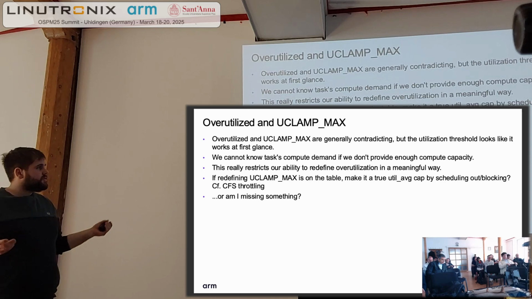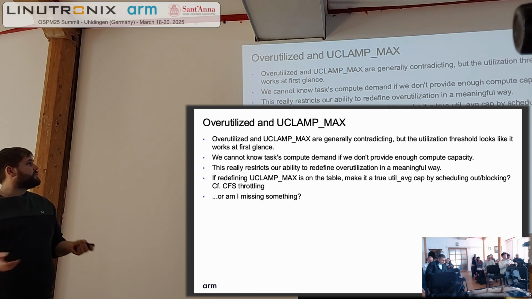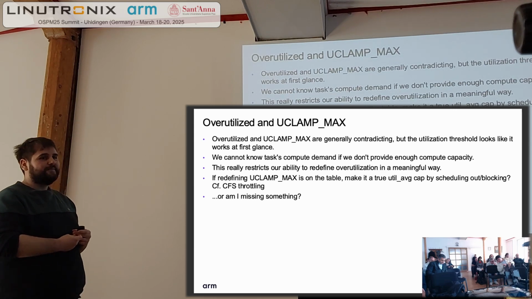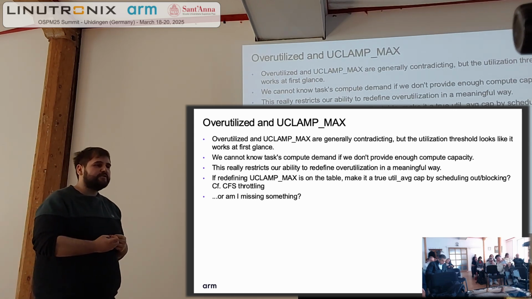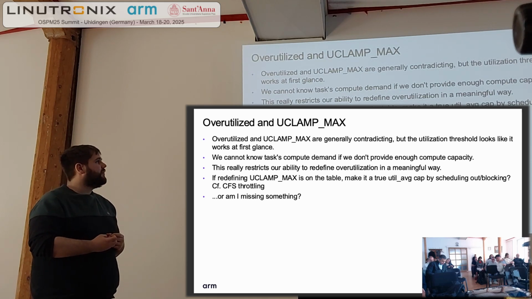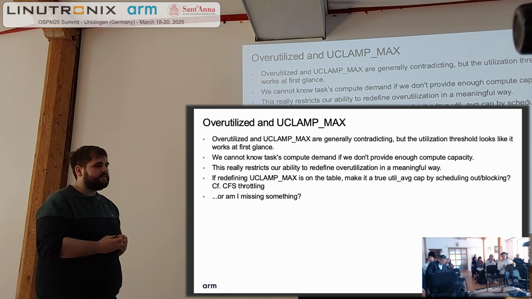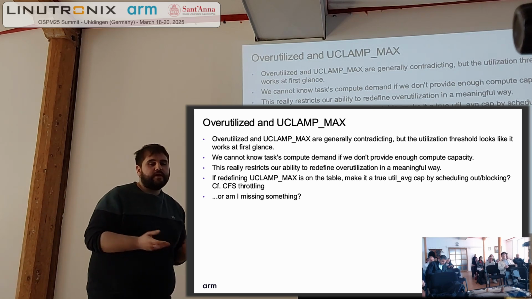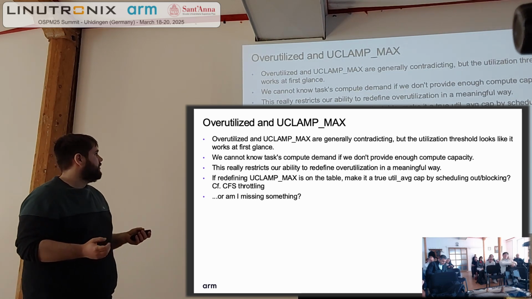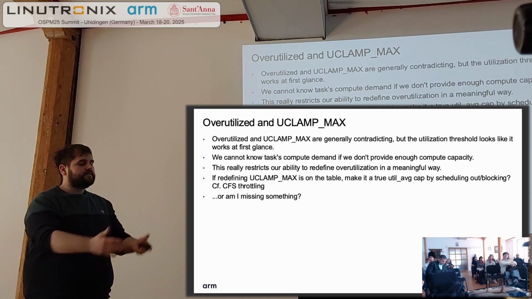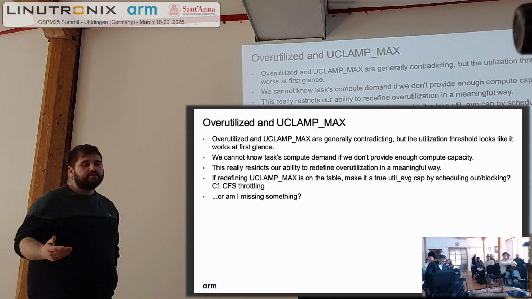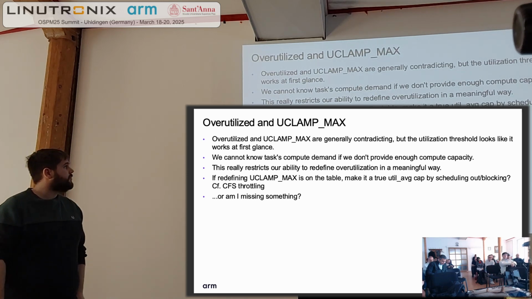I did want to also get some input because overutilized and uclamp max seem generally contradicting. It looks like the utilization threshold works, but really it's just a hack. It still means whenever uclamp max is actually active, all of the tasks there have inaccurate PELT values. And whenever we place another task there, its utilization signals become inaccurate too.